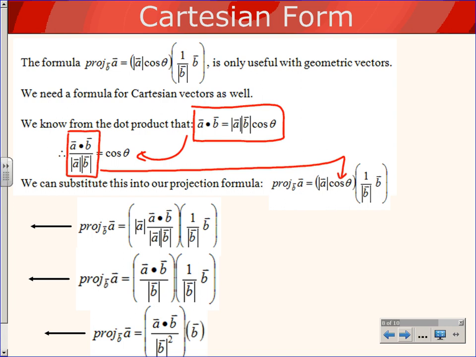Right? The projection is now the magnitude of A times A dot B over magnitude of A times magnitude of B times that unit vector still, 1 over the magnitude of B times vector B. So it looks ugly, but if you look at what happens, you've got a magnitude of A on the top and a magnitude of A on the bottom, so those just cancel.